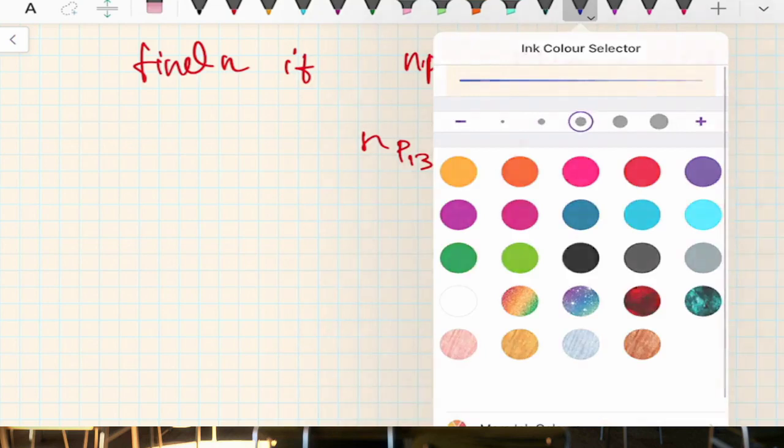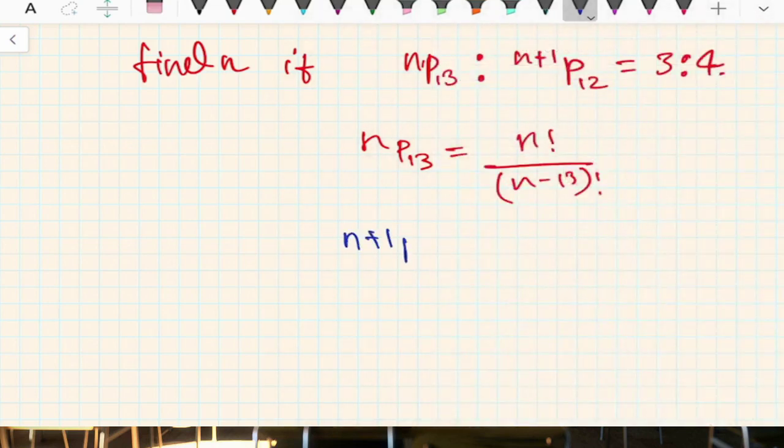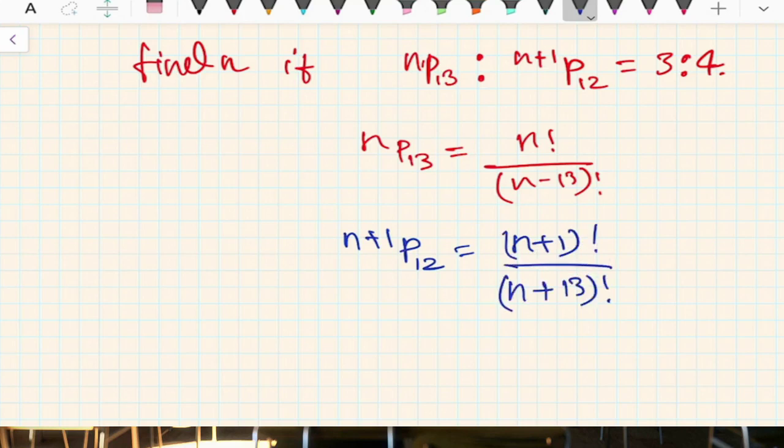Okay, let me just bold it down. (n plus 1)P12, ये क्या होगा? n plus 1 factorial होगा divided by n plus 1 minus 12 factorial. बरोबर? अरे 13 नहीं, sorry, 11. n plus 1 minus 12, so n minus 11 factorial.